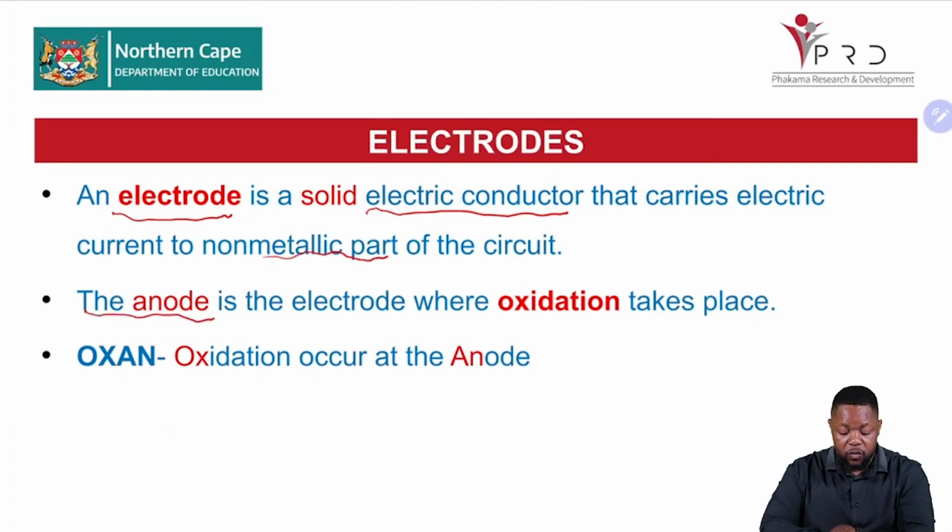The anode is the electrode where oxidation takes place. These are the definitions. We are defining an electrode and we are also defining the anode. The anode is the electrode where oxidation takes place, and an electrode is a solid electric conductor that carries electric current to non-metallic part of the circuit.